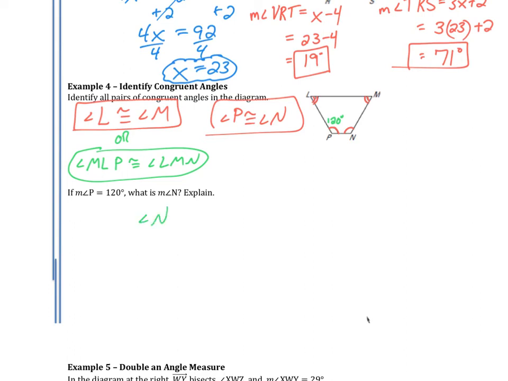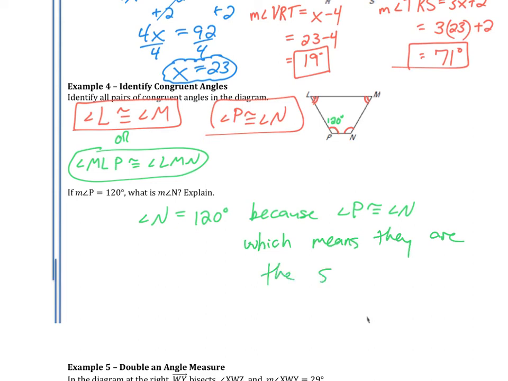Well, angle N would have to equal 120 because angle P is congruent to angle N, which means they are the same measure.